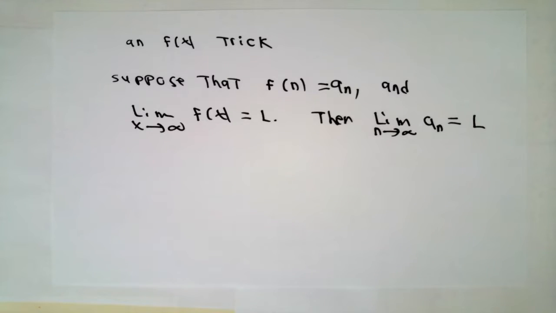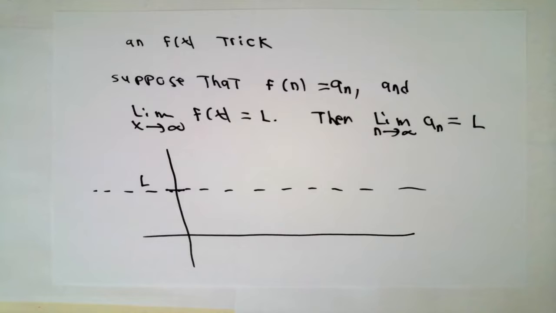The reason for this is not very difficult to see. If the limit as x tends to infinity of f of x is L, this means as I allow the x-coordinate to get large, the y-coordinate has to get close to L, either from above or below.